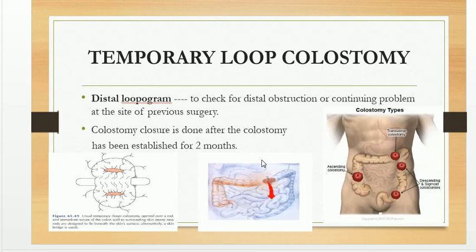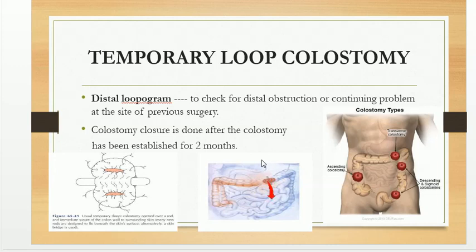This is a contrast study. The distal part of the bowel is visualized to check for distal obstruction or any problem at the site of previous surgeries. So this is very important. A contrast study should be done for the distal part before closing any temporary colostomy.